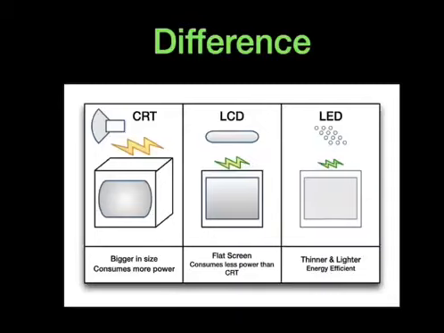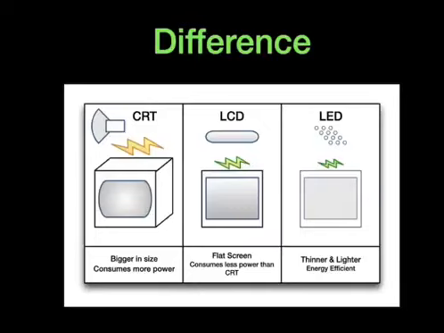CRT computers are those computers that we used in earlier times. These computers are very big and heavy in size and they require more electricity. After that, LCD comes into existence, and LCDs have flat screens and consume less power than CRT computers.